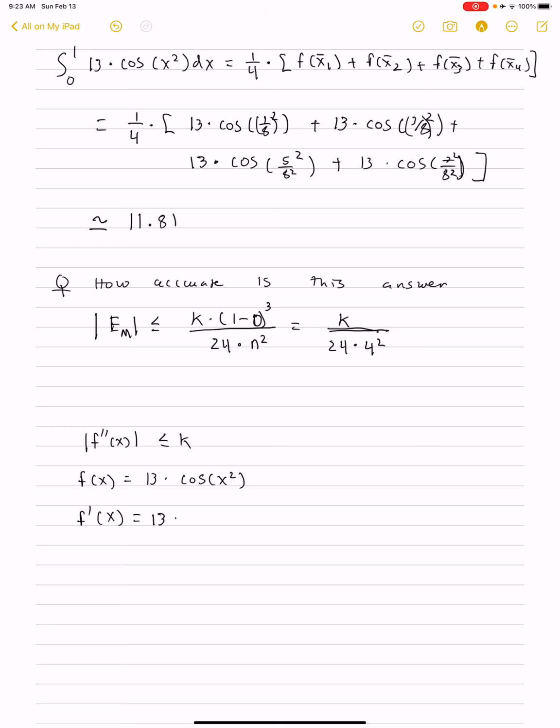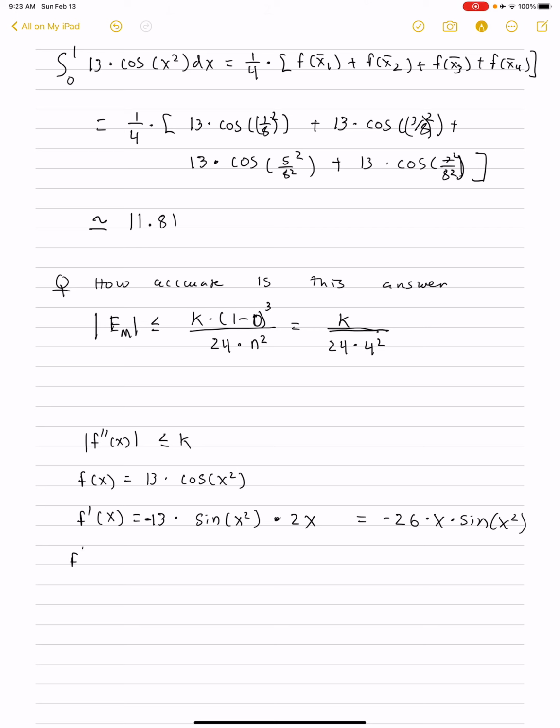That'll be 13 times sine, and there's a negative here, times the derivative of the inside, that's 2x. So minus 26 times x times sine of x squared. So that's the first derivative.